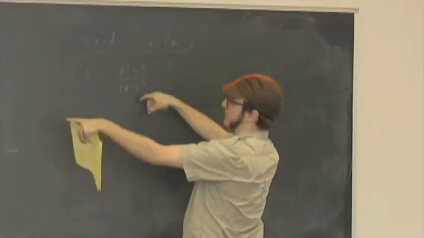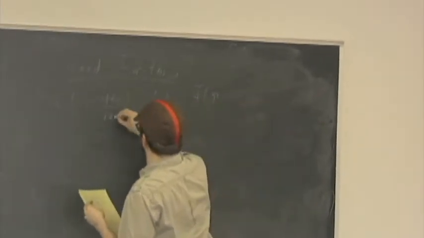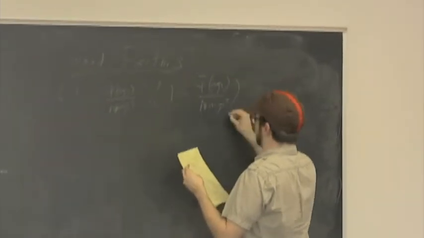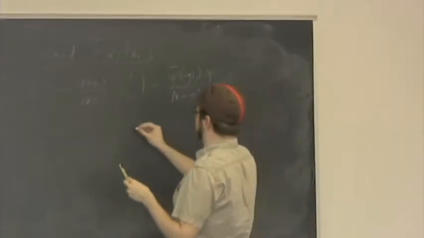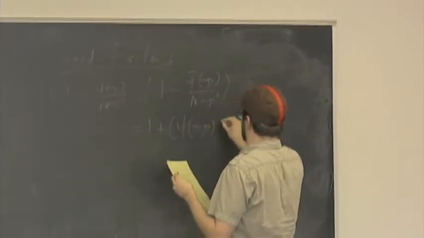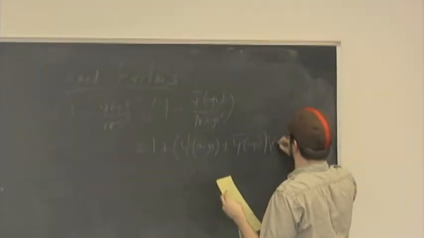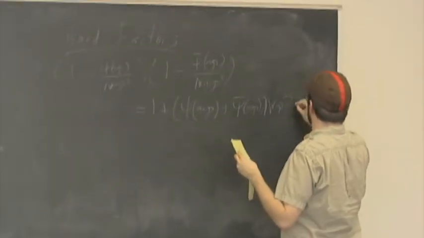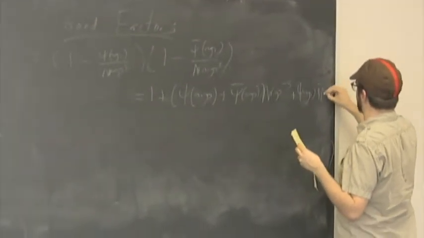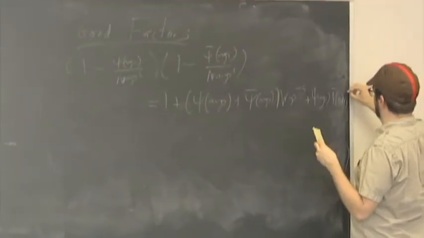So this is the reciprocal of that. Right, this is going to be 1 plus psi of p plus psi bar of p times the norm of p to the minus s, plus psi of p times psi bar of p times the norm of p to the minus 2s.